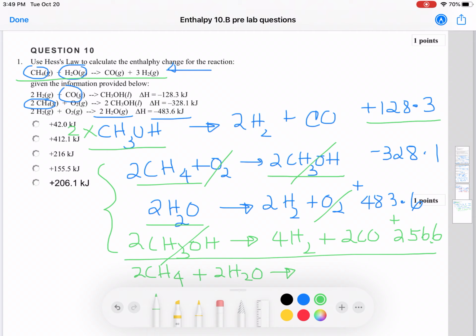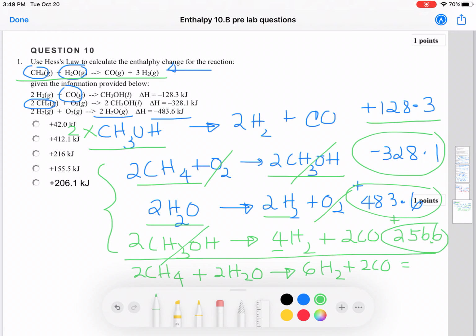And on the right side, you have 2 hydrogen here. You have 4 hydrogen here. So 4 plus 2, both of them are on the product side. That will make it 6 hydrogen, correct? And then we have 2 carbon monoxide. When you add these 3 reactions together, you can also add these 3 enthalpies together.